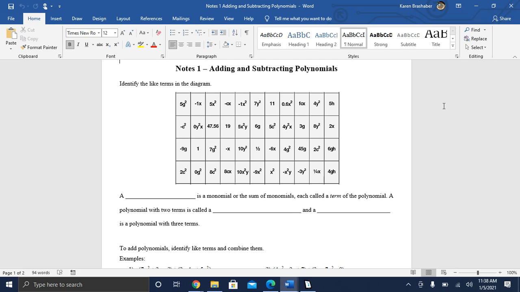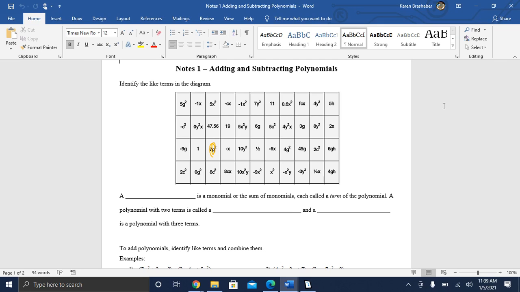So I'm going to start here in this top left corner with 5g to the second. Now, as I look through, I want to see, are there any other terms that have a g with a 2 as an exponent? As I look along the first row, I don't see anything. As I look along the second row, again, no like term. I come to the third row, and I have 7g to the second.